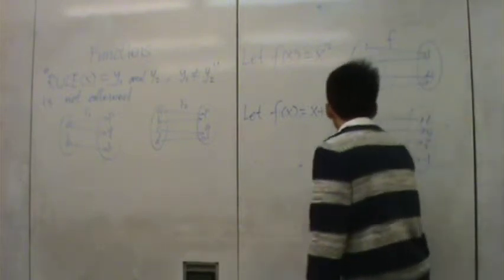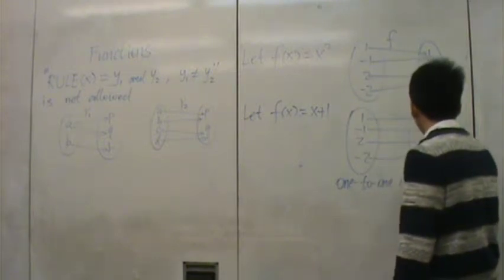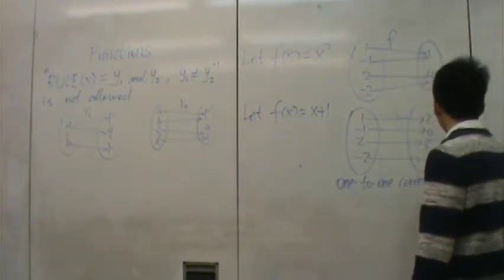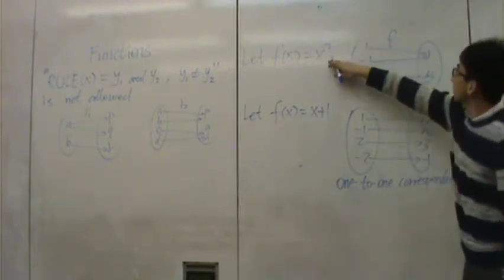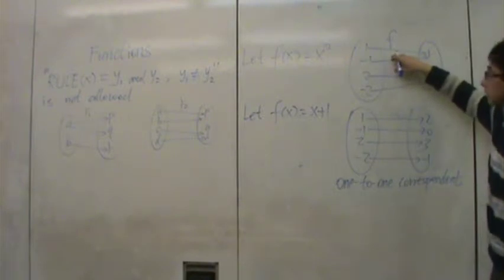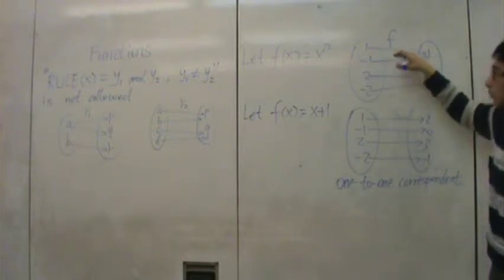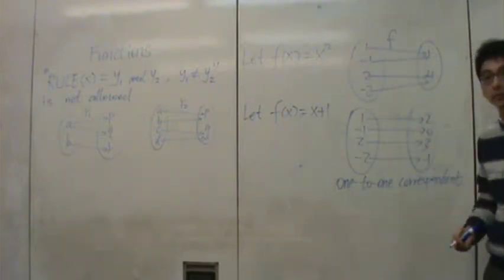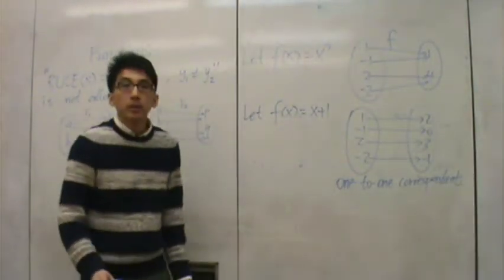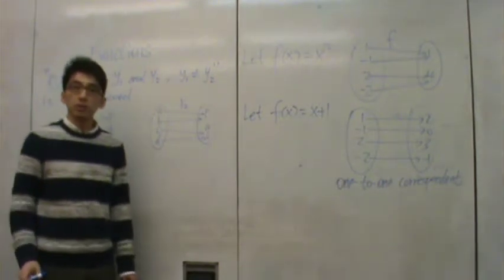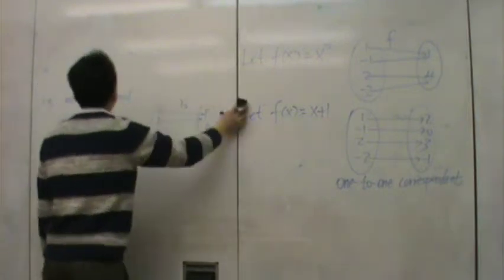This is called a one-to-one correspondence. However, this function here, f of x equals x squared, is not a one-to-one correspondence. We will learn the formal definition later. This is about the definition of functions. Is this clear? Good. I'll give you some remarks.